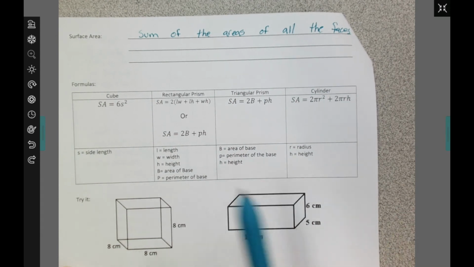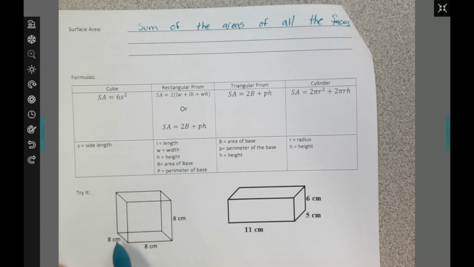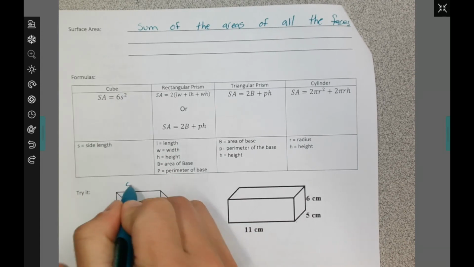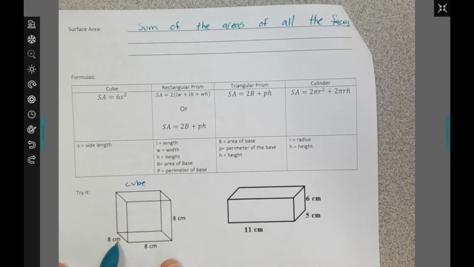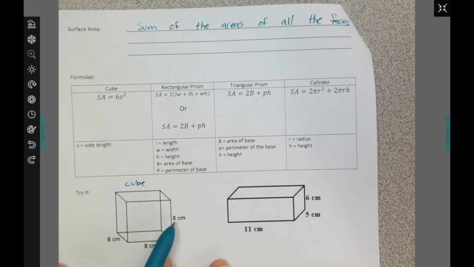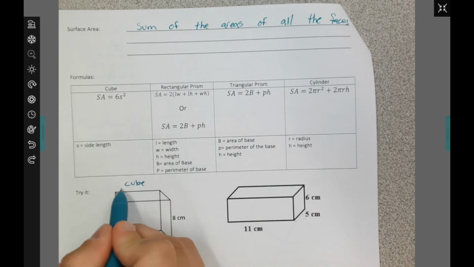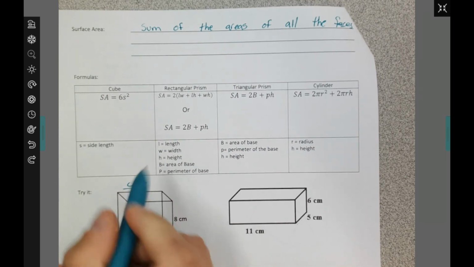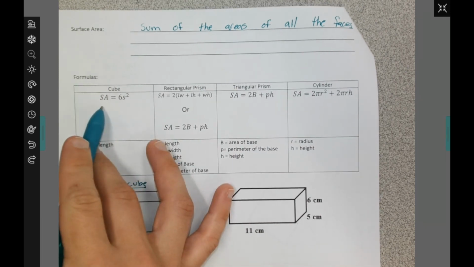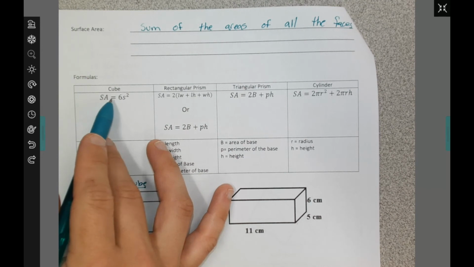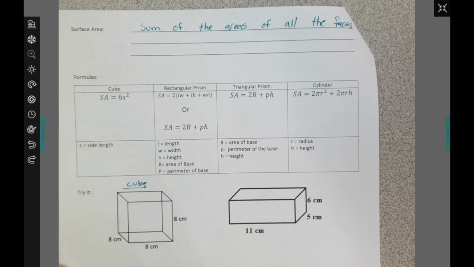So for example, on these problems, you need to see that this first shape we're dealing with is a cube. And the reason I know it's a cube is because my length, width, and height are all the same. Every single one of them is 8. So as soon as you see that we have a cube, we can go to our surface area formula. And our surface area formula for a cube says that it's going to be 6 times s squared, where s is the side length.